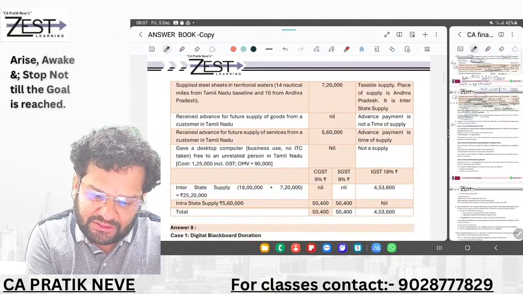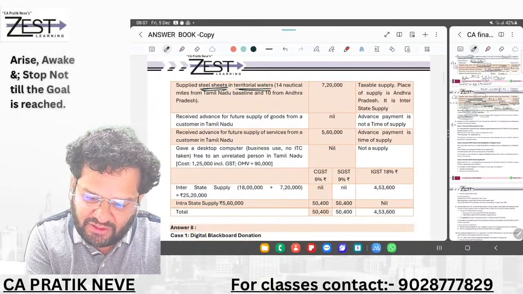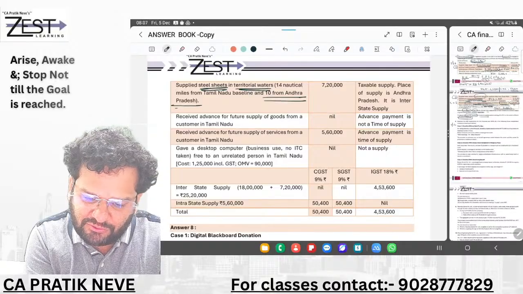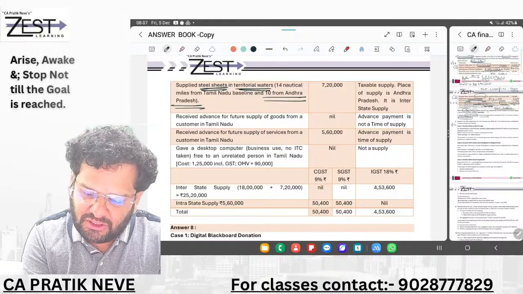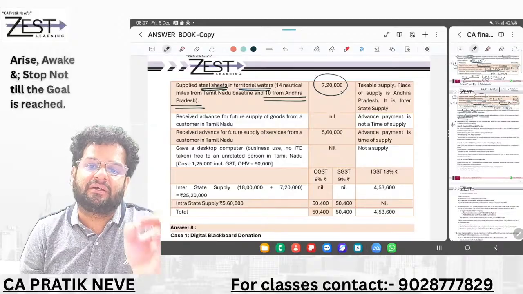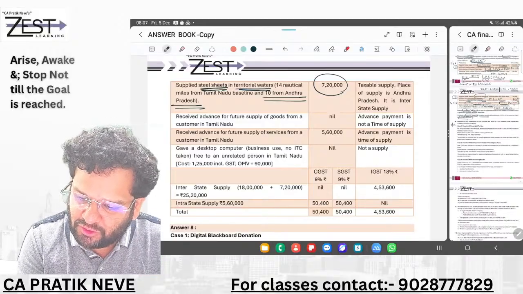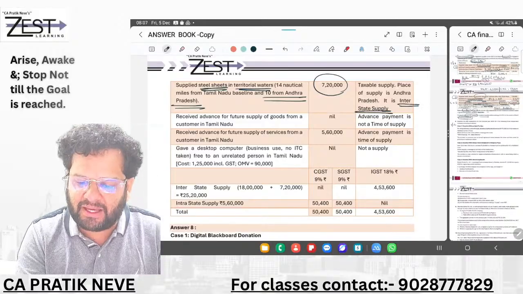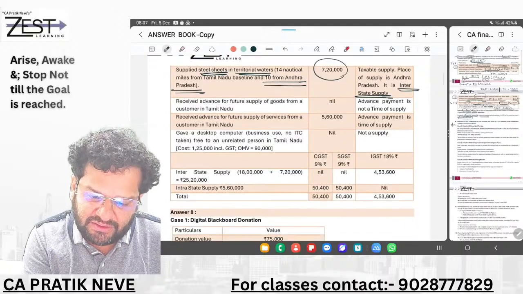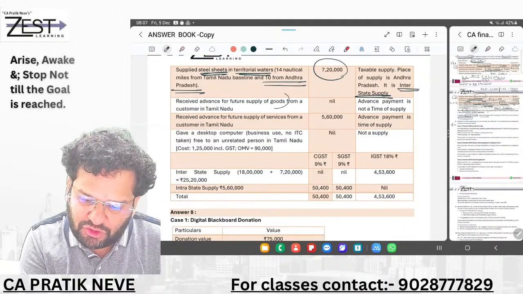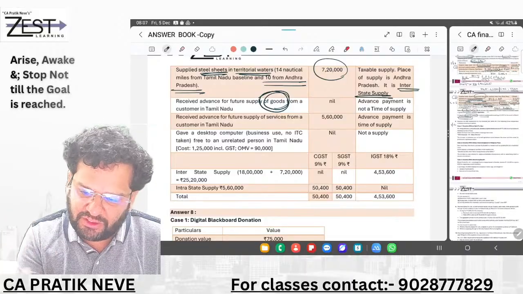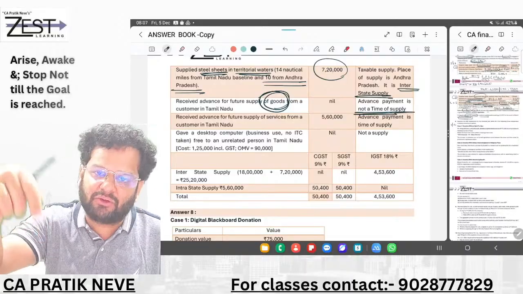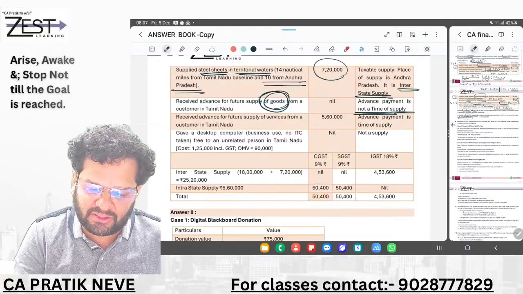Then steel sheets in territorial waters 10 nautical miles from Andhra Pradesh. Place of supply will be Andhra Pradesh, so it will be an interstate supply. Then advance received for future supply of goods is not time of supply right now, so it is not a supply.